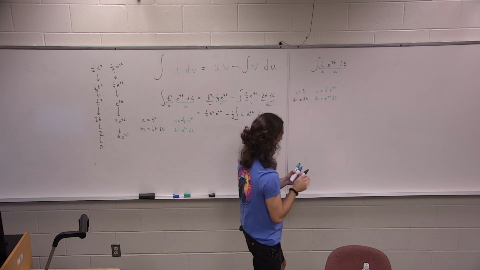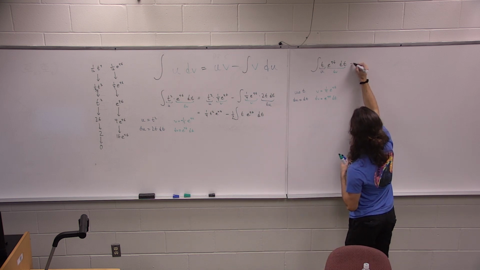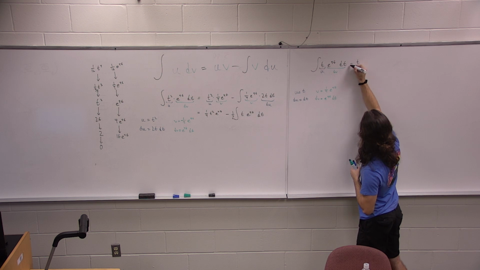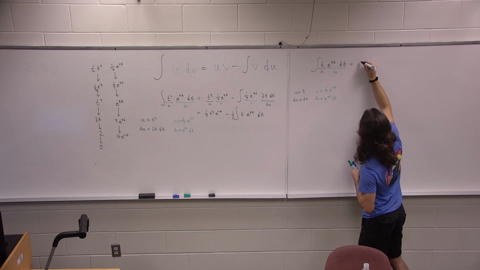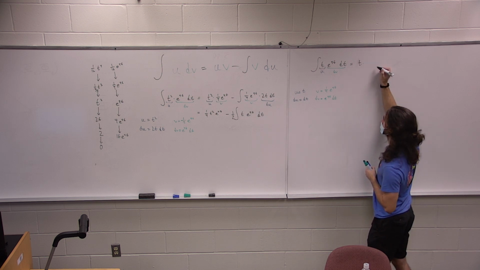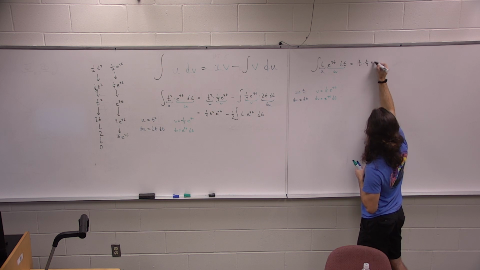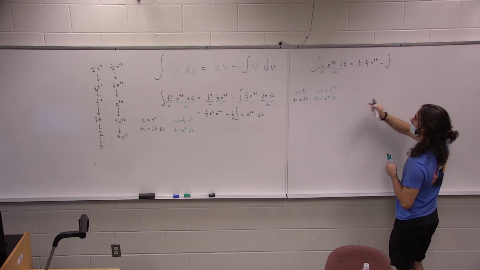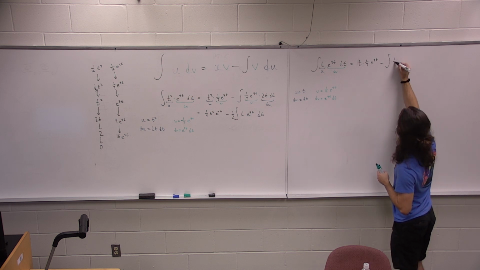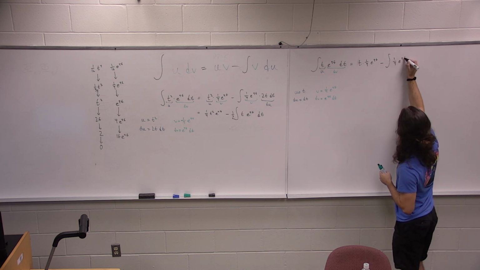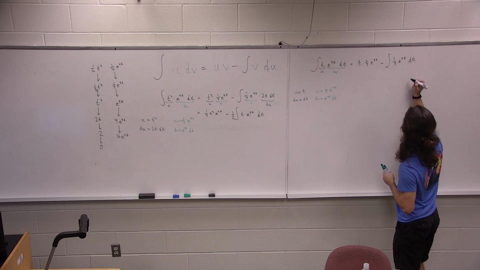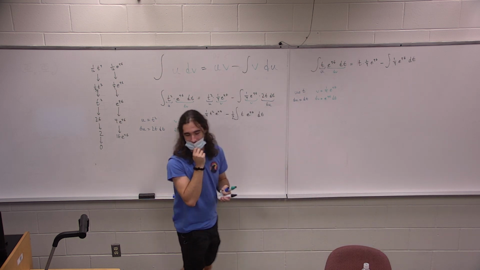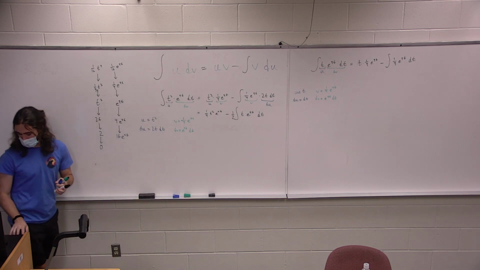So this time when we make the swap, it's u times v minus the integral of v du. Aha! Now we are at a spot where we can actually take that antiderivative.